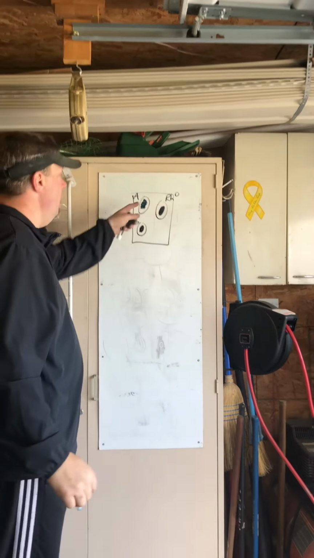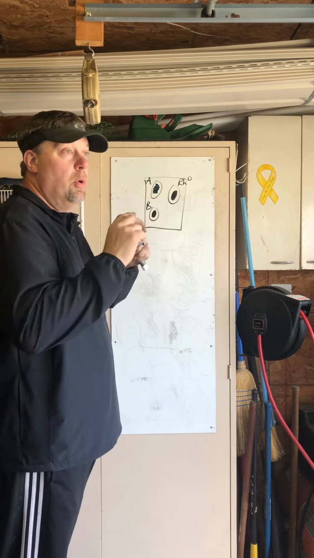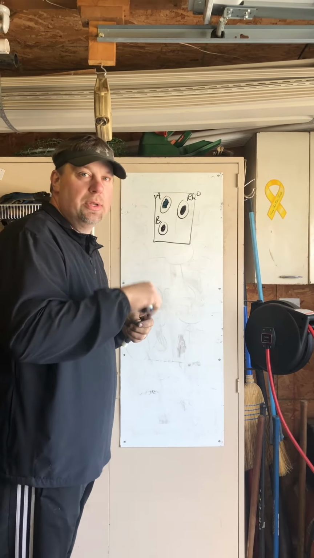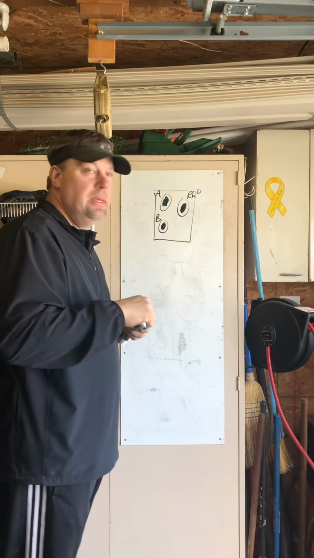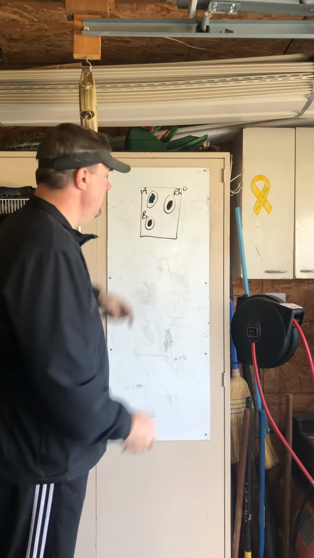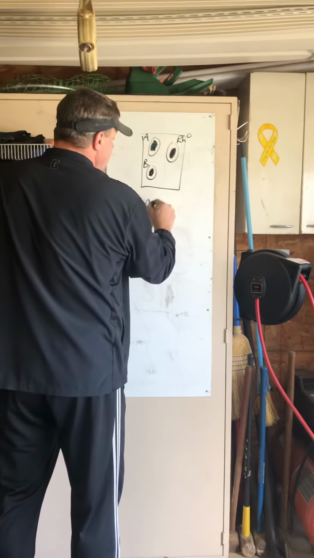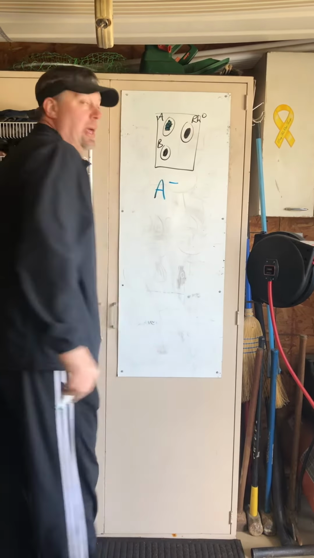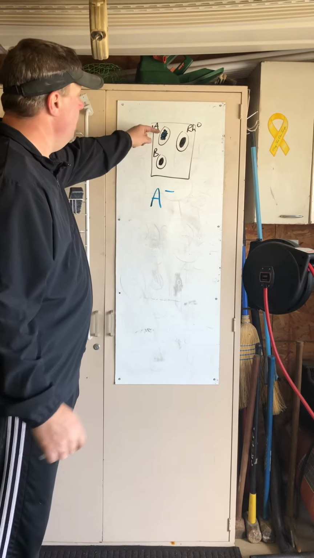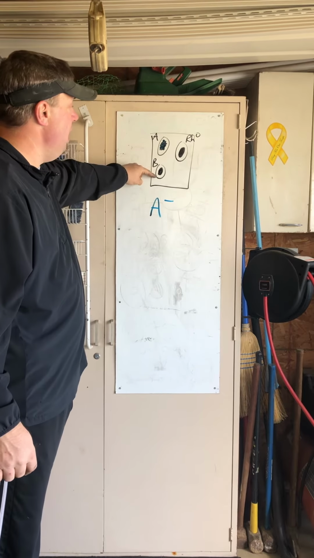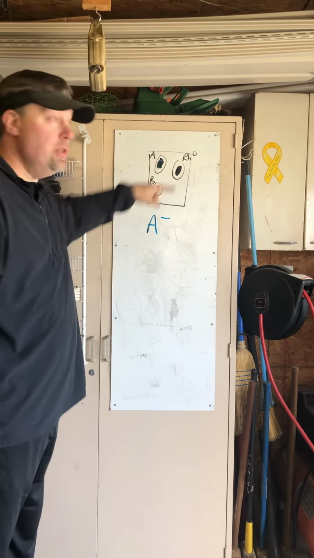So if it has little clumps in it, which will look more like oatmeal or cream of wheat, if you know what that is, that means that antigen is present. So in this particular plate, this is an A negative plate. Why? Because you have A present, you do not have B, and you do not have RH.